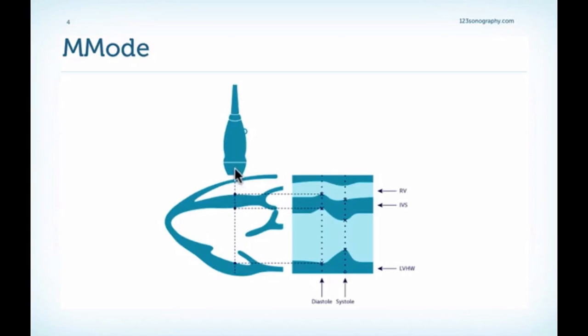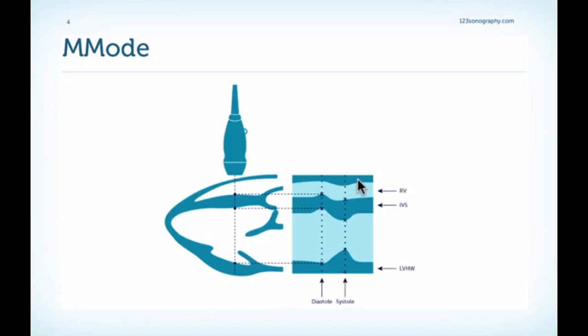So this graphic should help you understand how M-mode works. We have an ultrasound ray which is emitted, and if it hits a boundary of the heart, it gives a reflection. Another reflection here, another reflection here. But since the heart is moving, the boundary also moves, and therefore we have the typical M-mode tracing. Don't forget, this is the time axis, and this is the depth of the ultrasound.